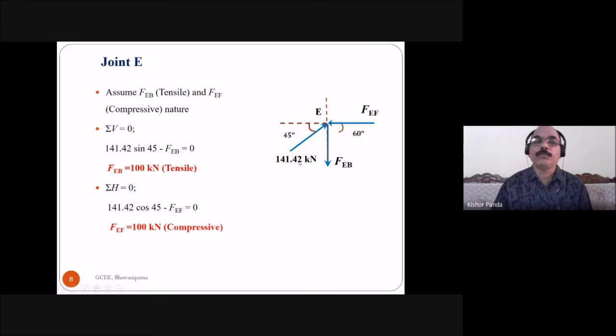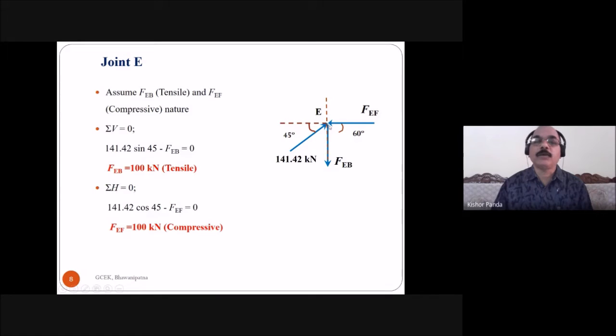So 141.42 sin 45 minus FEB is equal to 0. Then you can find out the force in the member EB: FEB is equal to 100 kilonewton tensile. So the assumed direction is okay.